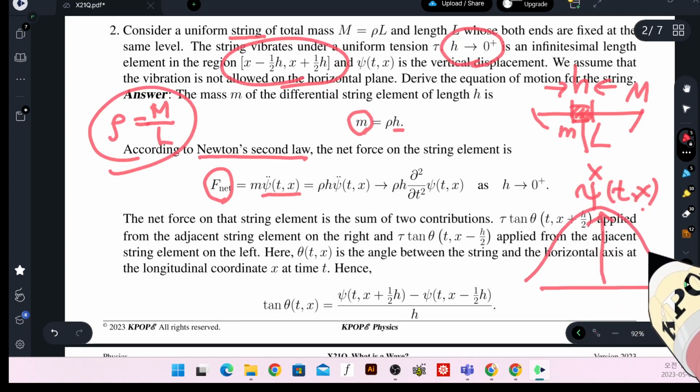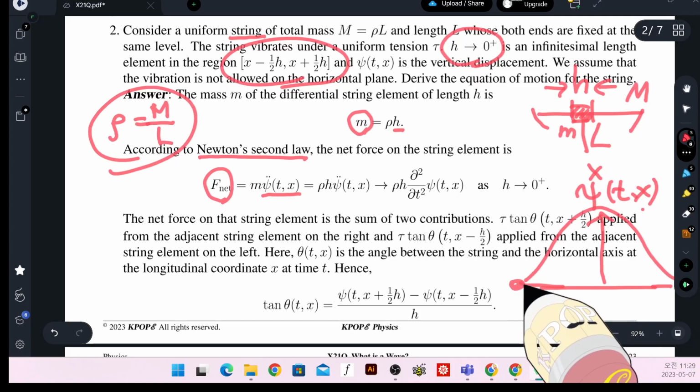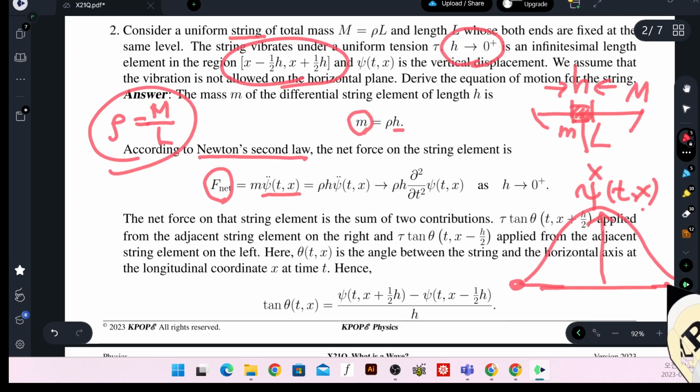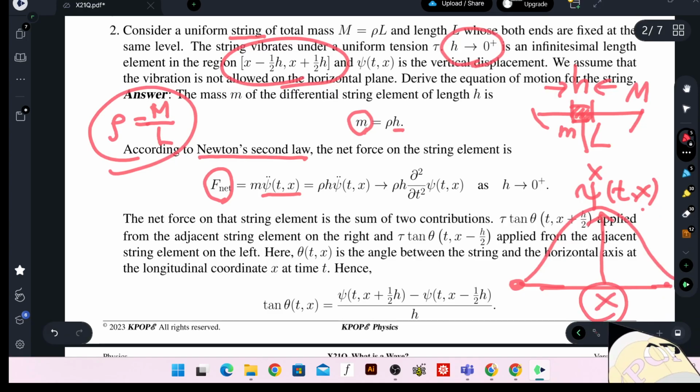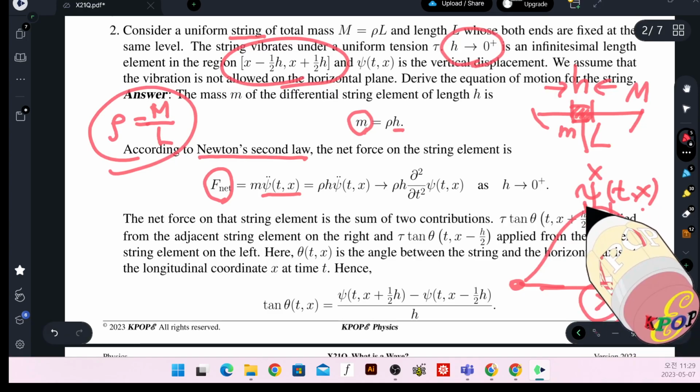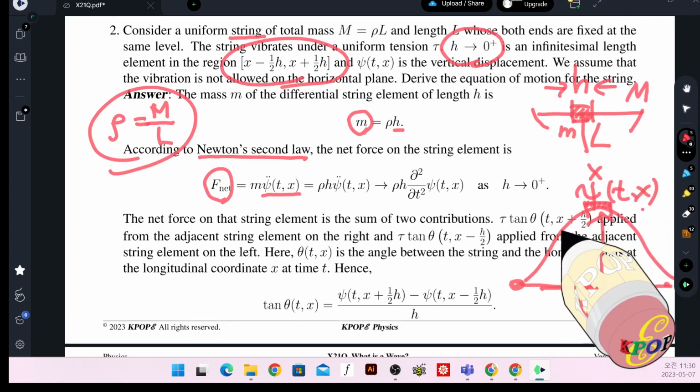This shows a deviation from the equilibrium point. And we keep the point x the same because we are interested in the motion of this tiny piece of the string.